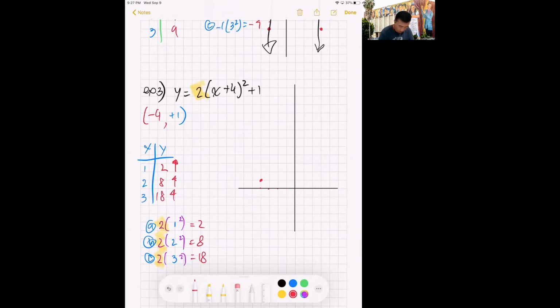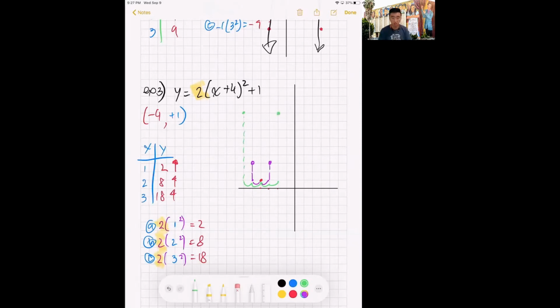All right, so let's check it out here. I'm going to take one step this way, one step that way, and then I'm going to go 2 steps up. 1, 2. Right. I'm going to take 2 steps this way and 2 steps that way, and it's going to go 8. 1, 2, 3, 4, 5, 6, 7, 8.